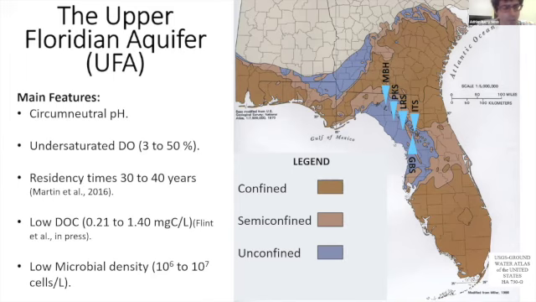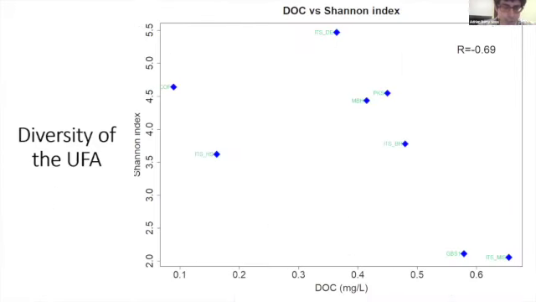And the dissolved organic carbon, sorry, is very low. It's in the range of oligotrophic conditions, and those conditions are translated as well to a low microbial cell density of 10 to the 6 to 10 to the 7 cells per liter.